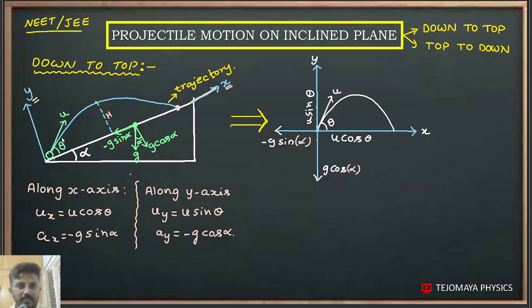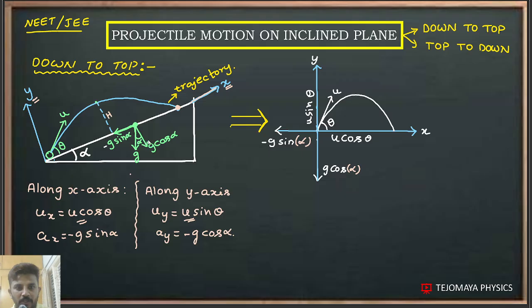Let us take the velocity along the x-axis as u cos theta and the velocity along the y-axis as u sin theta. Clear? You can write the same diagram as I have given on the right side also. Then what about g? g always acts downwards, acceleration due to gravity.